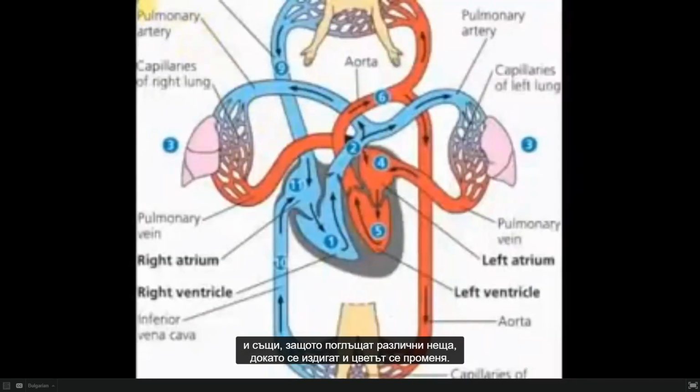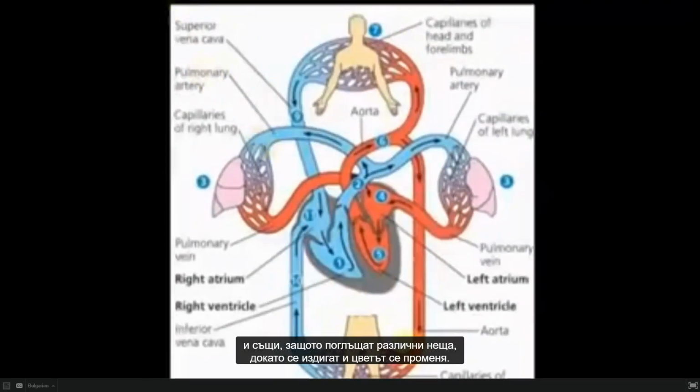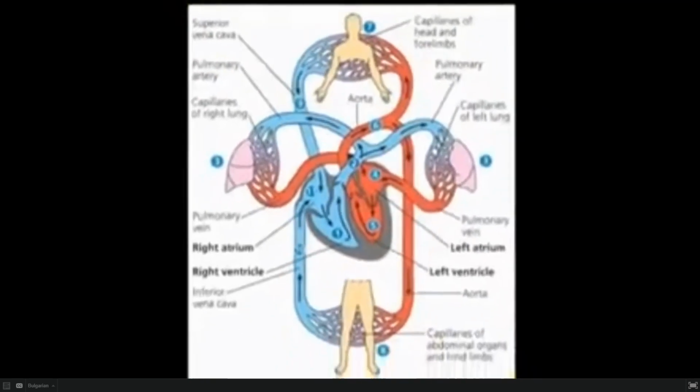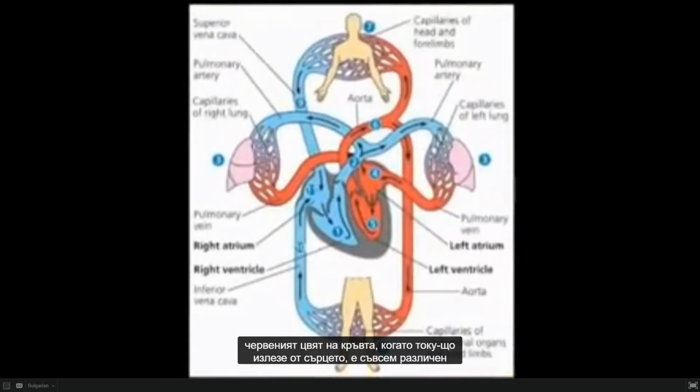Because they absorb different things as they go up and the color changes. The redness of the blood when it comes just out of the heart is totally different from when it's in the toe, even though it's still red.